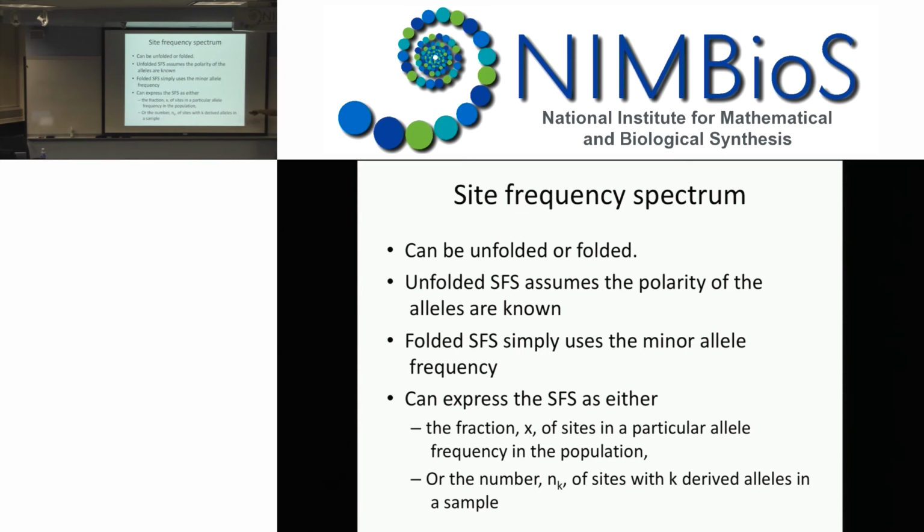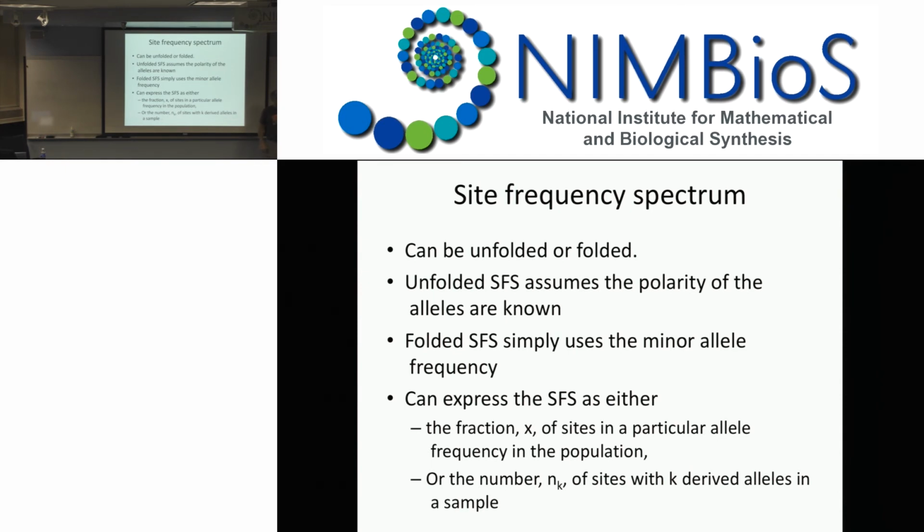And we can look at the site frequency spectrum in 2 different ways. Number 1, as a feature of the entire population. Number 2, as a feature of a sample. So I could ask, in the entire population, what fraction of sites, X, have a particular allele frequency? For example, in that entire population, what fraction of the sites have 40% derived allele frequency in an unfolded frequency spectrum, or 40% minor allele frequency?